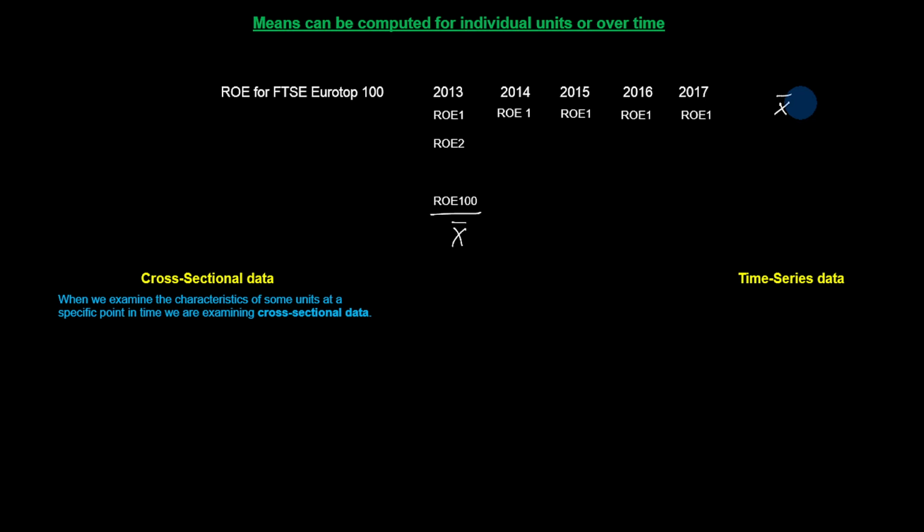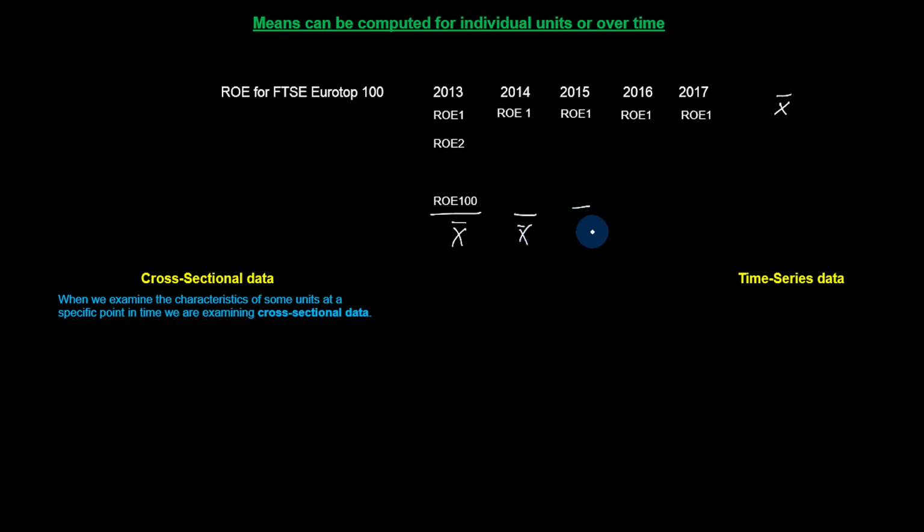Now here we are finding the time series mean for one company in the index. But it doesn't have to be one company. Whenever you are finding the mean over time, that is called a time series mean. So for example, I could do the same thing that I did in 2013 for 2014. That will be finding the return on equity for the first company, second company, 100th company, and coming up with a mean.